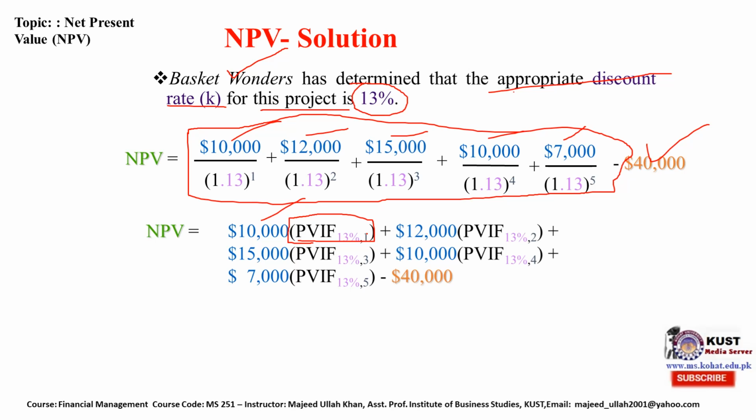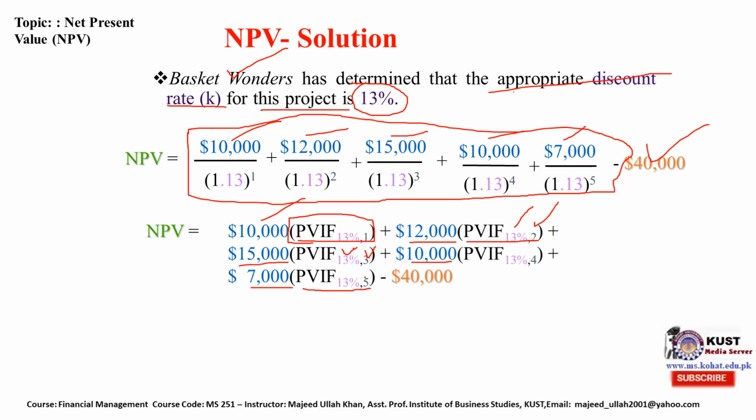I have already told you the method of how you will extract the present value interest factor or discount factor from the present value interest factor single amount tables. 12,000, now the present value interest factor for 13% for the second year. 15,000, present value interest factor for 13% for the third year. 10,000, present value interest factor for 13% for the fourth year, and 7,000 fifth year cash flow will be discounted for 13% for 5 years.